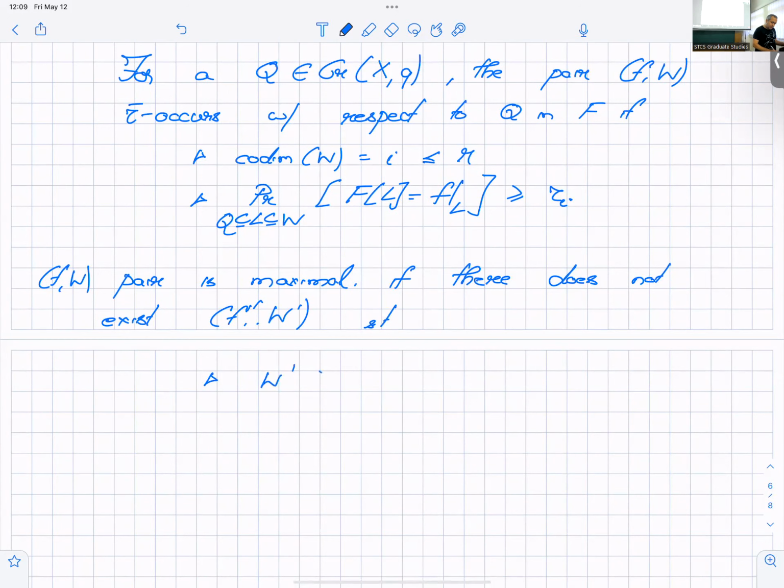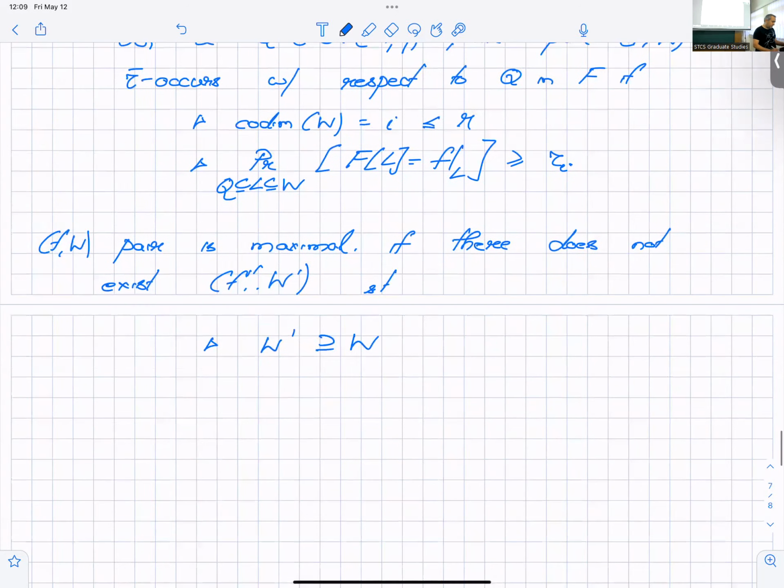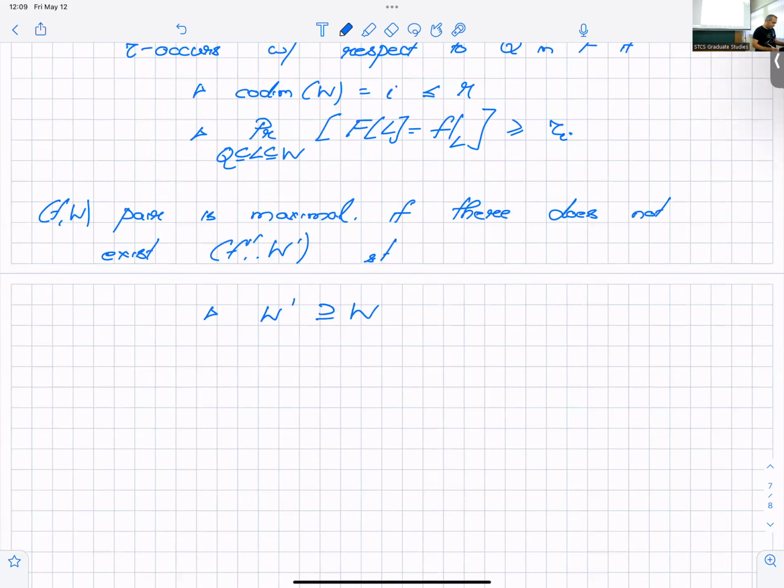W prime should be larger than W, and (F prime, W prime, tau prime) occurs. And furthermore, of course, F prime when restricted to W is actually equal to F. That is, it's a larger space.